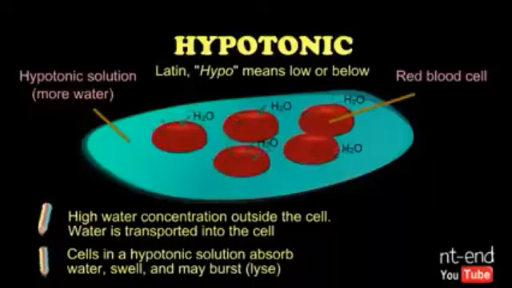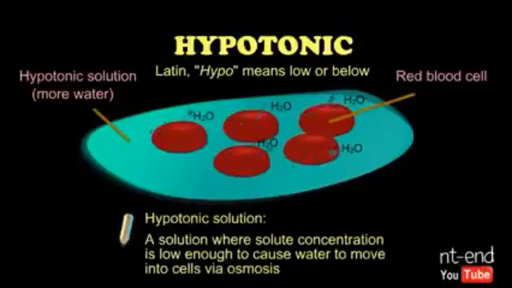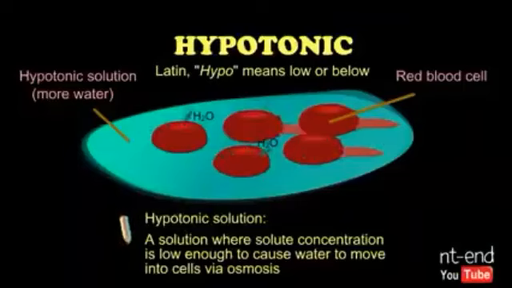Similarly, when we put a raisin inside the water, it absorbs the water from outside through a layer. This process is called hypotonic and the water is called hypotonic solution.